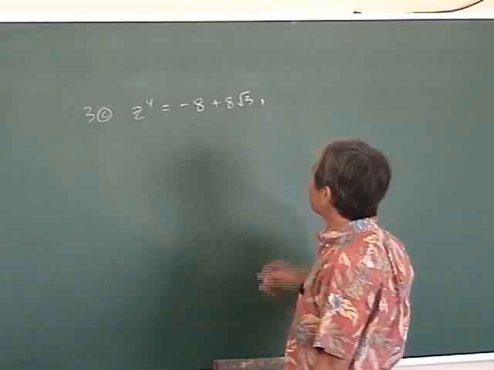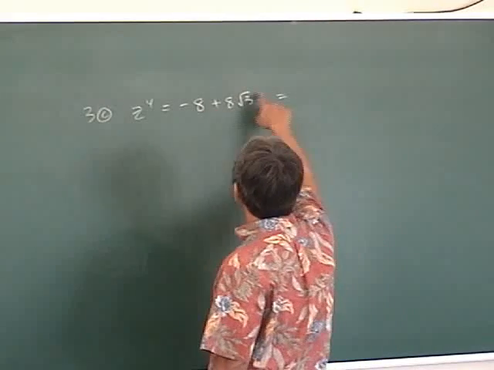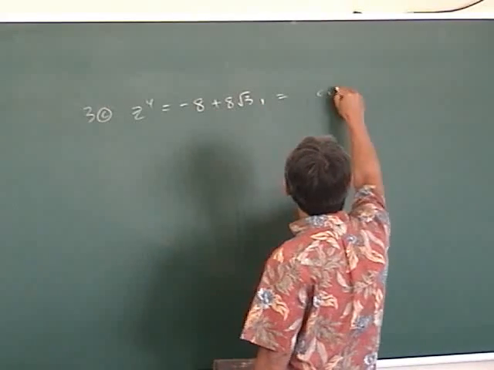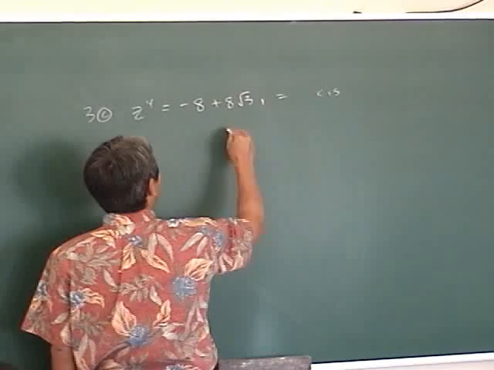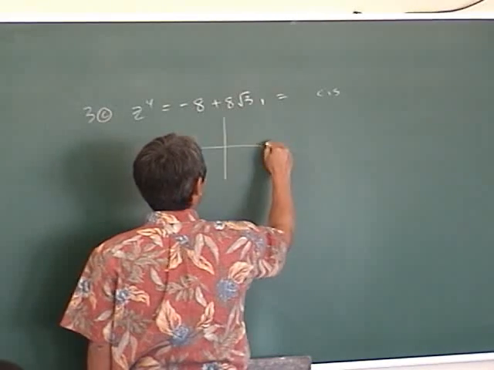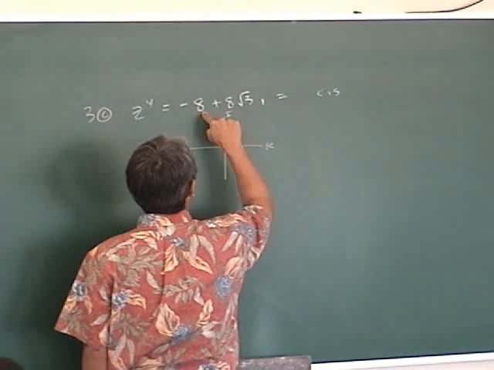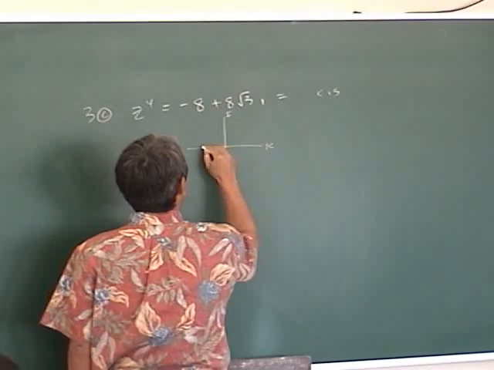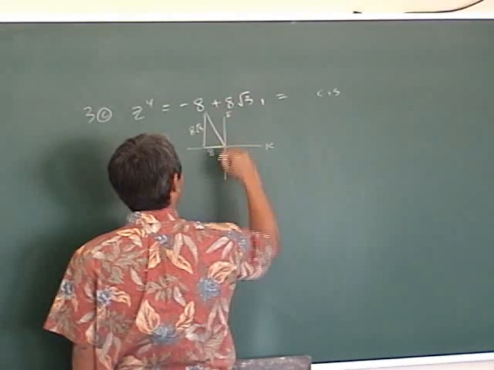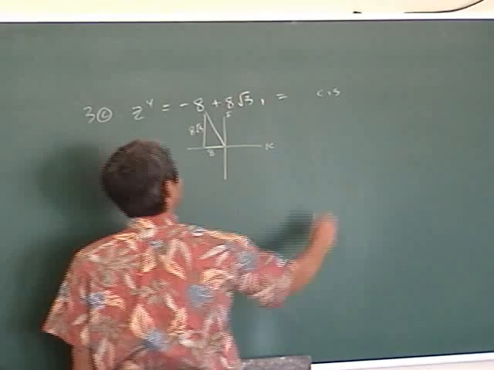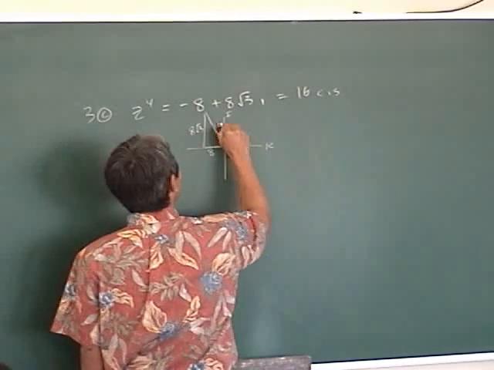First step is you have to change this to r cis theta form, polar form. What's the fastest way? Draw the picture. Here's the real and imaginary axis. If I go 8 to the left and 8 root 3 up, how far from the origin am I? 16. How do you know that's 16?